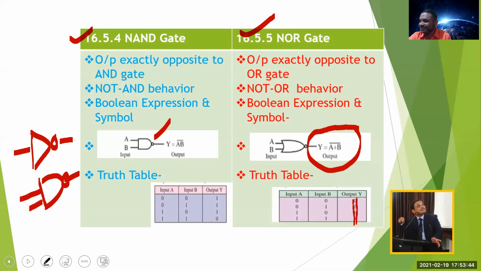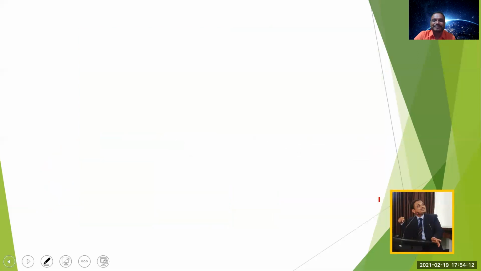The truth table of NOR gate, that is (A plus B) bar: 0 plus 0 is 0, and its inverse is 1. 0 plus 1 is 1, therefore its inverse is 0. So 1, 0, 0, and 0. So output is high only when both inputs are low. So there will be a change in its truth table.